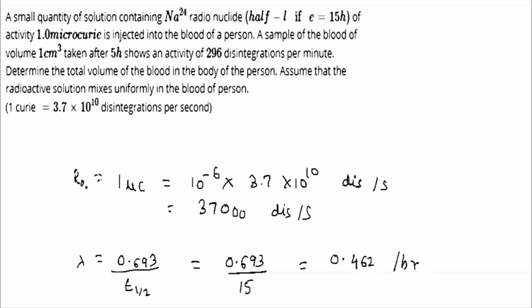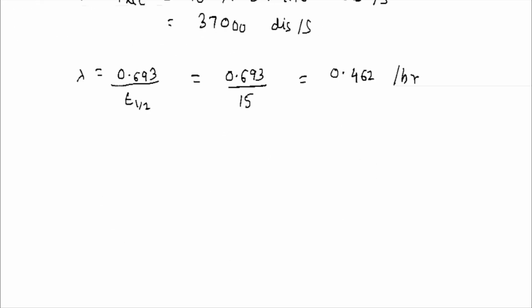So we know the initial activity and we know the value of lambda. Now it is also given that the sample of blood of volume 1 cm cube is showing an activity of 296 disintegrations per minute. So we should convert it into the same unit, disintegrations per second.